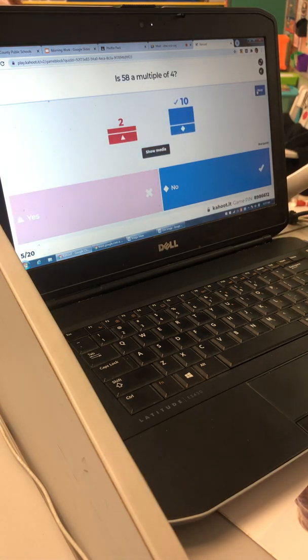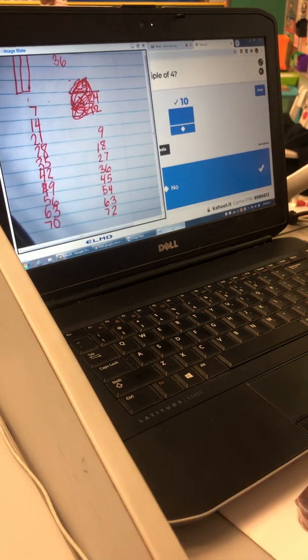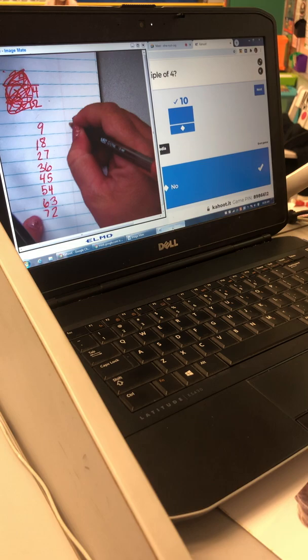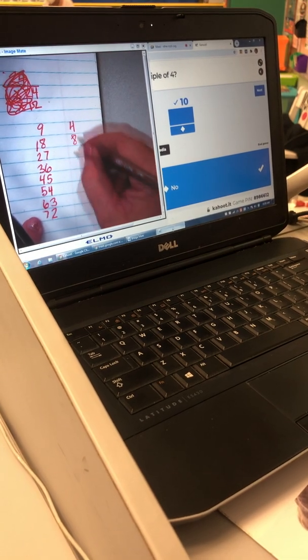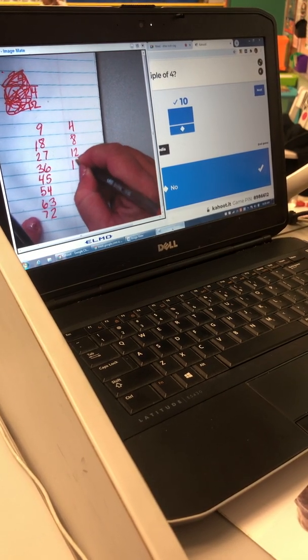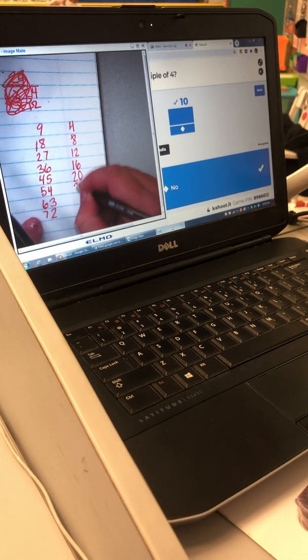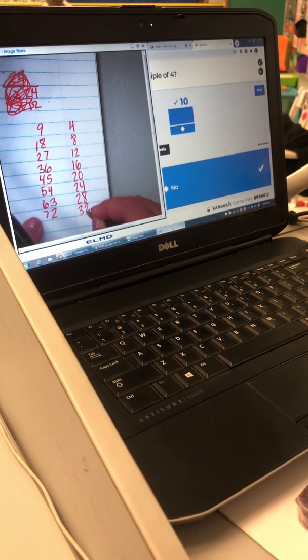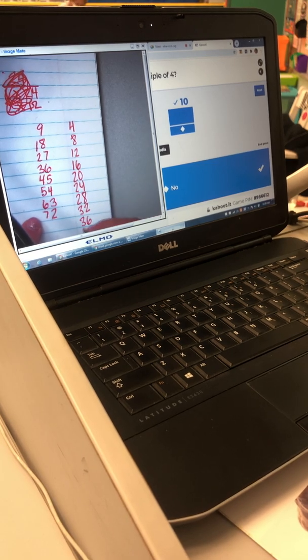All right, now let's look at our multiples of 4. So, 4, 8, 12, 16, 20, 24, 28, 32, 36, 40.